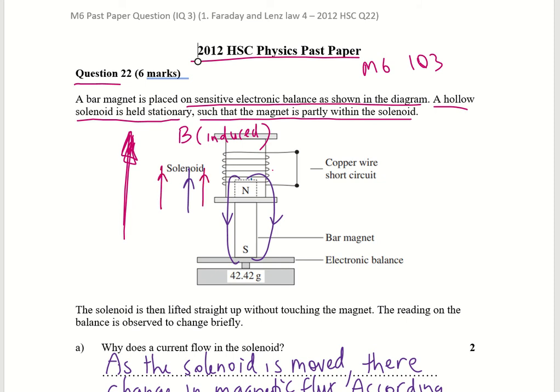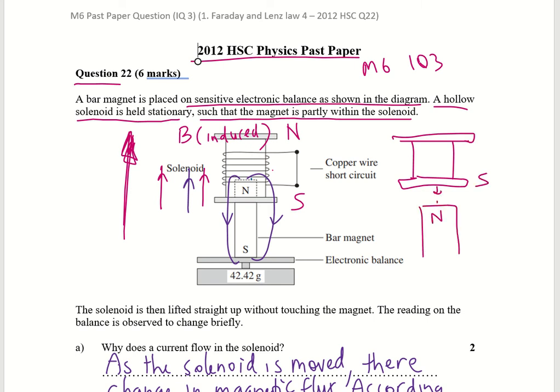Okay? So if you use your right hand grip rule, with your right thumb pointing up, that means the top is a north pole, and down here is a south pole. What that tells us is that there's going to be an attraction force between the south pole of the solenoid and the magnet's north pole as it's going further away.